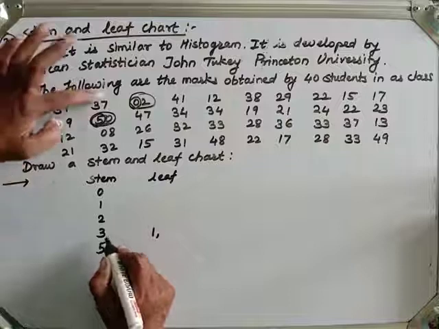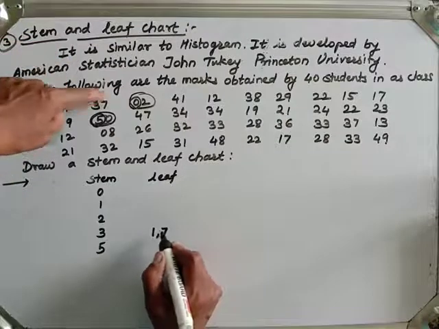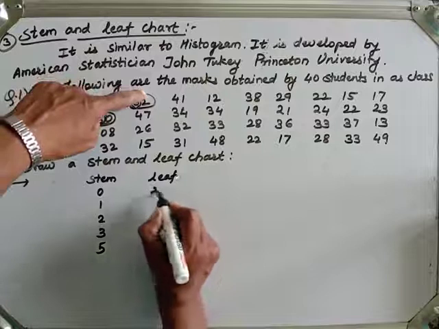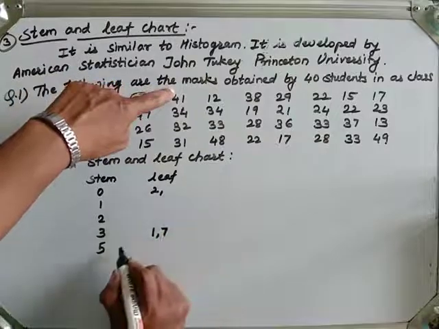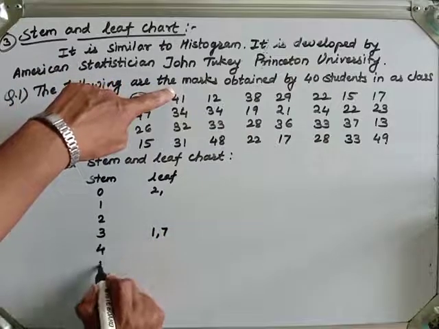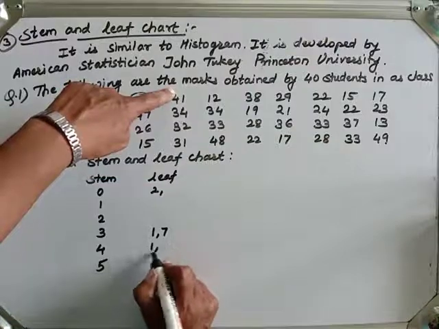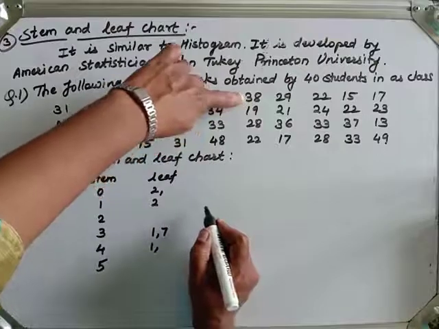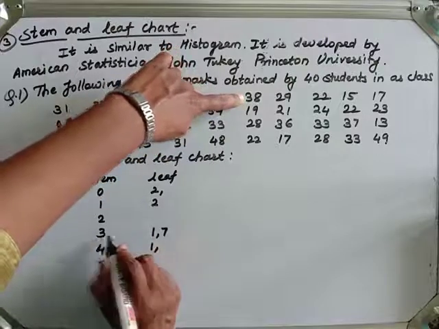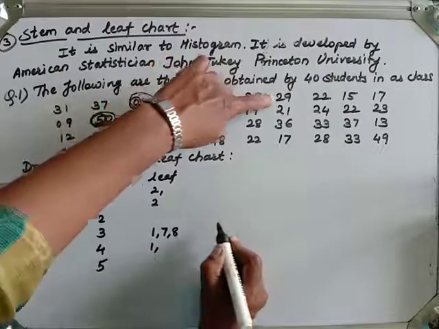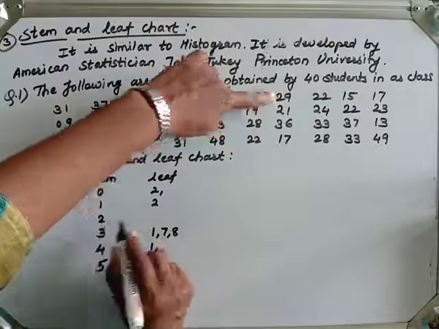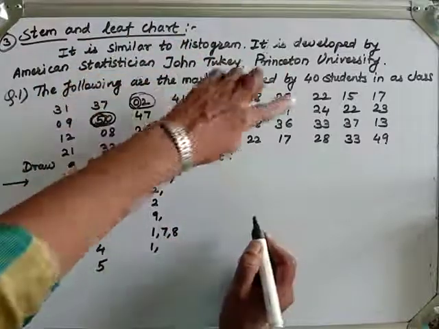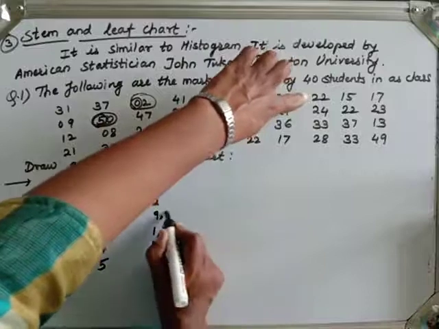So for the first one, stem is 3 and leaf will be 1. Then again leaf is 7. Then stem 0, leaf is 2. Here 4, 1. Then 1, 2. Then 38, so stem is 3, leaf is 8. 29, so stem is 2, leaf is 9. Then stem is 2, leaf is 2.